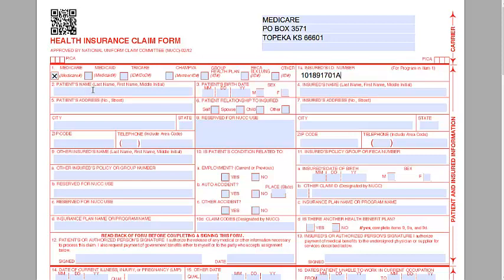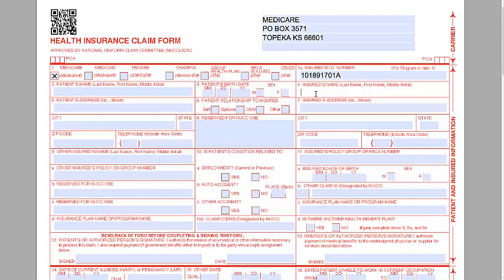We leave item number 2 blank on a Medicare CMS 1500 form because that information is put into item 4.